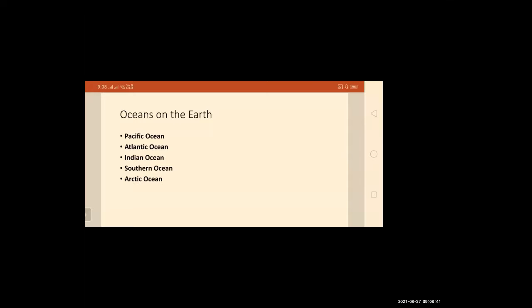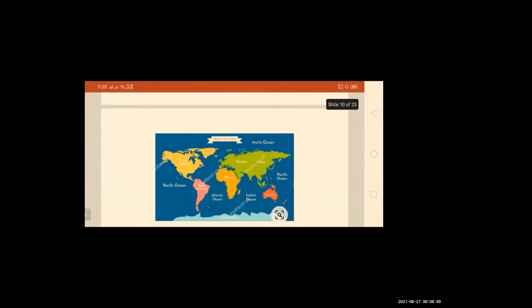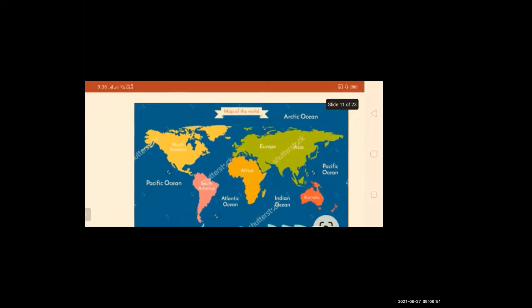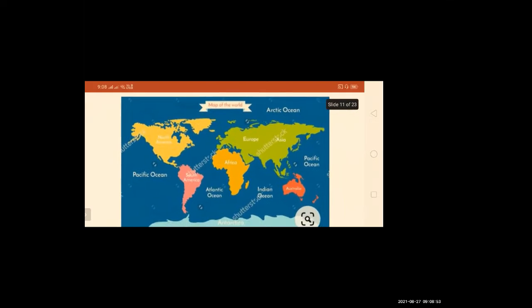Hydrosphere means the layer of our atmosphere which contains water. Now see, this is a map, and on this map you can see the 7 continents and the 5 oceans.